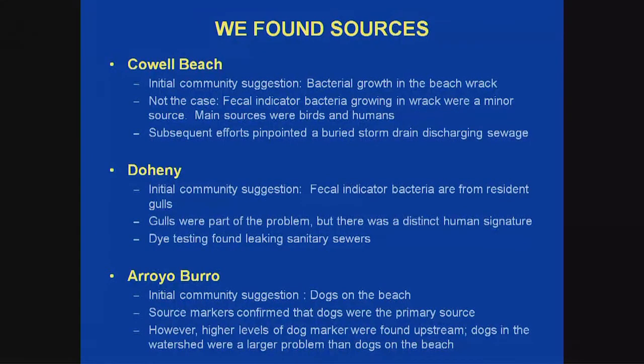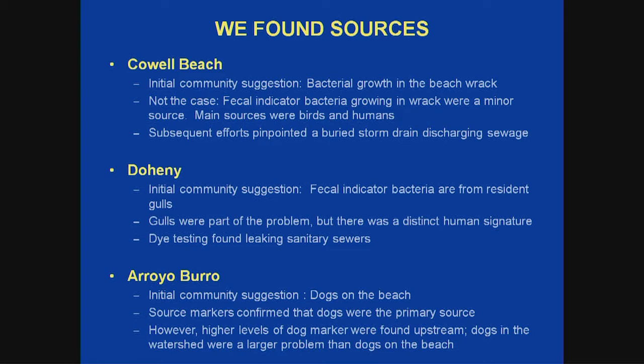And in fact, that was part of the problem. The bird markers lit up, but we also found a really distinct human signature. And so we went back and did more testing because this was persistent. And it was most apparent when we had big tidal events. So, large highs and lows in the water table, which was making probably groundwater pump in and out.